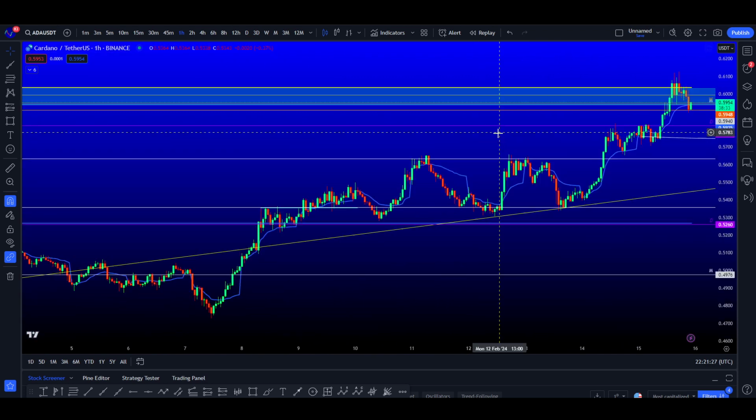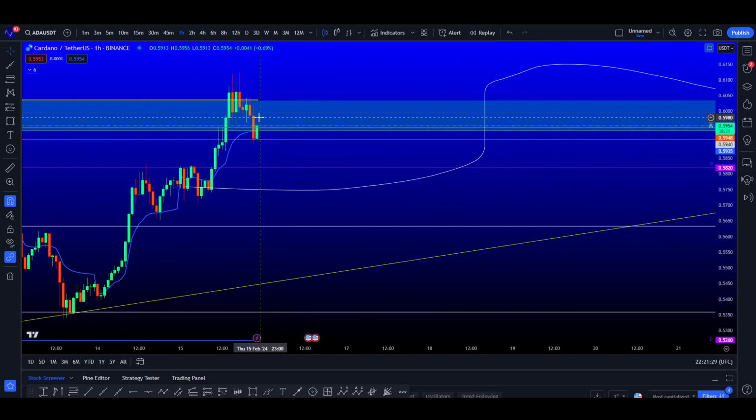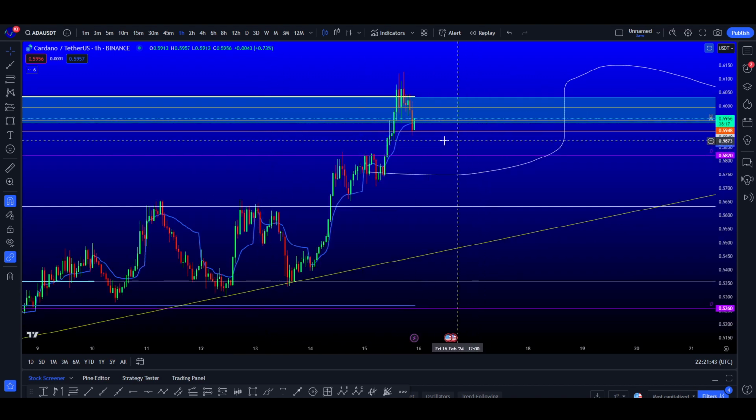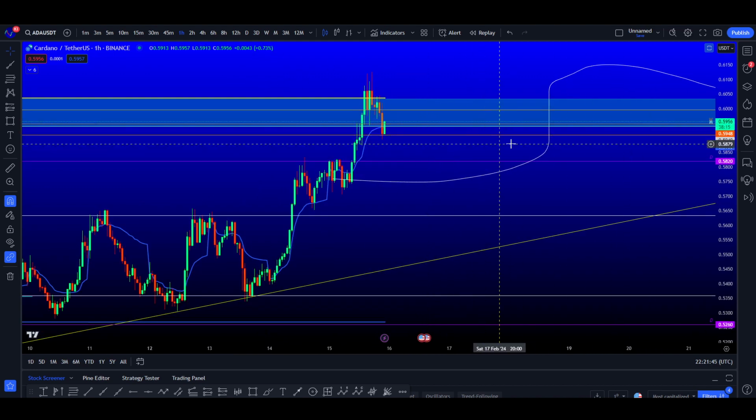Now look at where we are currently. So we had a reaction off of the point of control. We have a small retracement. We are now trading right on the golden pocket here, right? So this is the golden pocket. Right above would be the monthly and weekly level, and we are attempting to flip the monthly and weekly level into support, right?